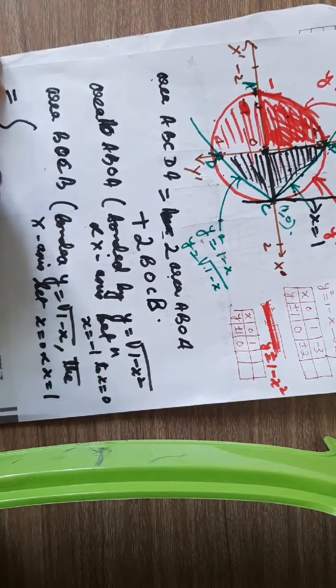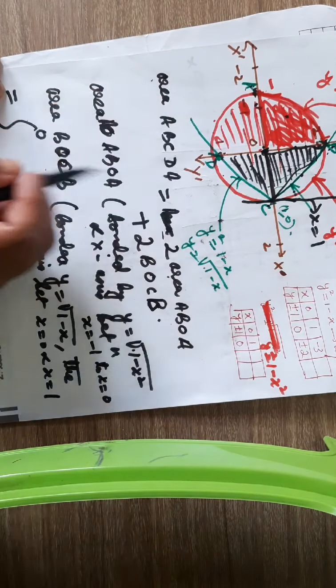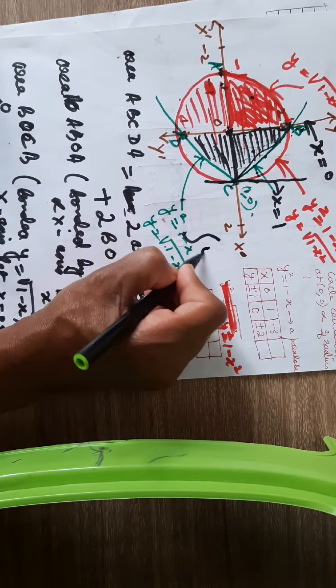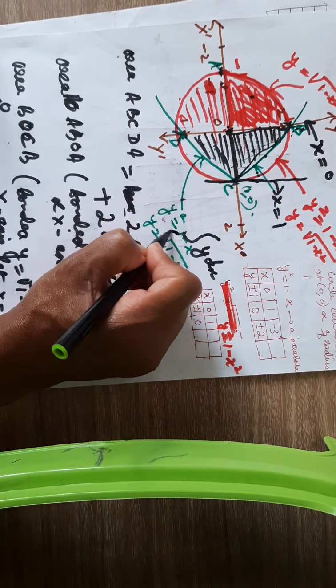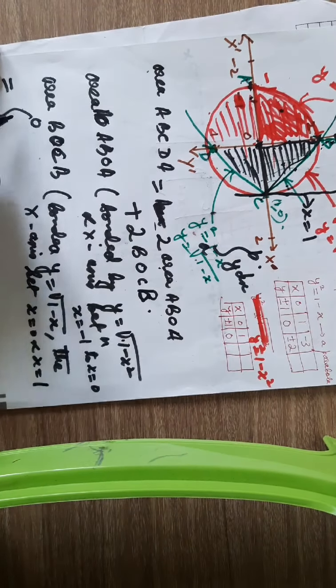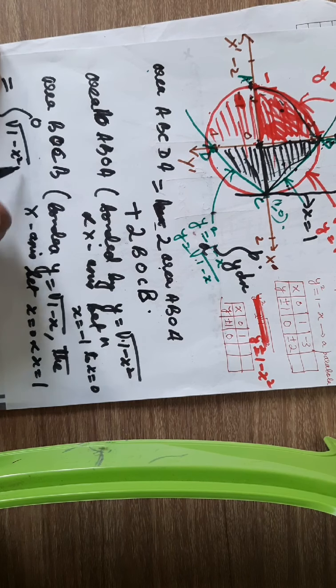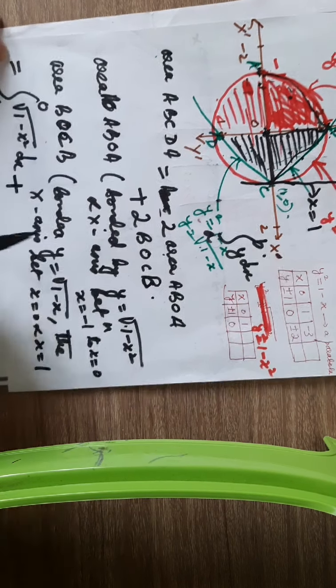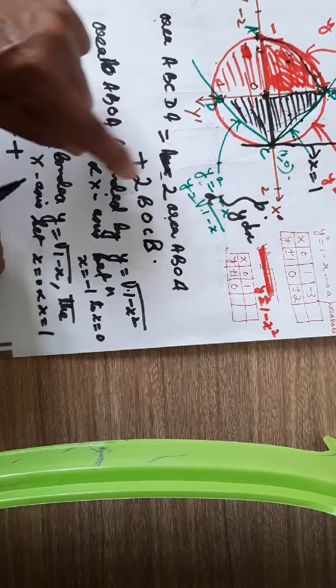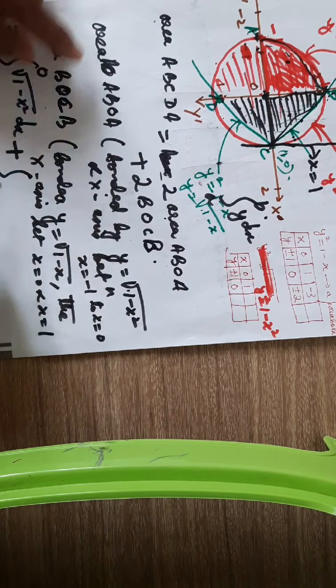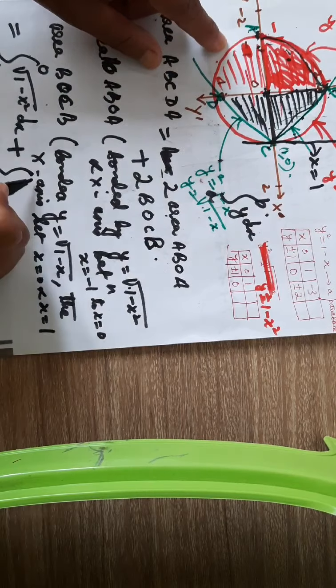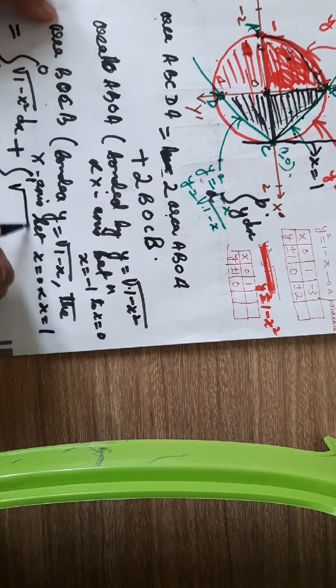Using the formula integral of y dx from x is equal to a to x is equal to b, what is y in this case? It is square root of 1 minus x squared dx. Plus now the area of this one, bounded by the curve from 0 to 1. What is y? It is just square root of 1 minus x dx.